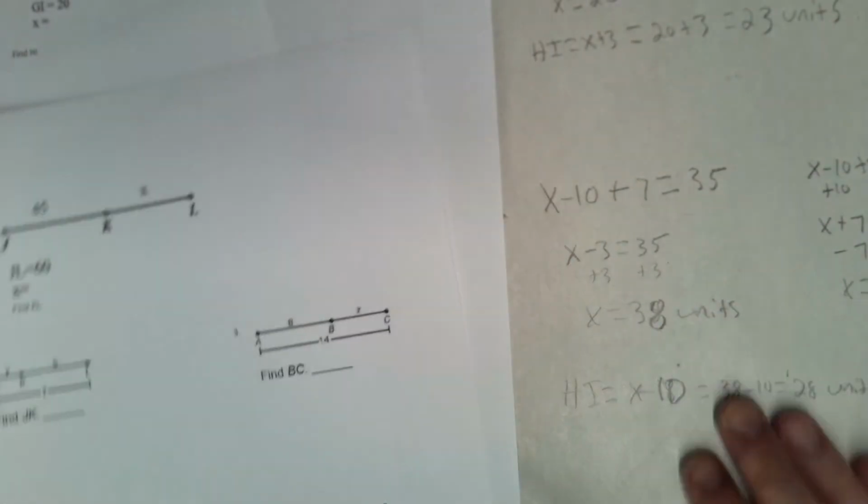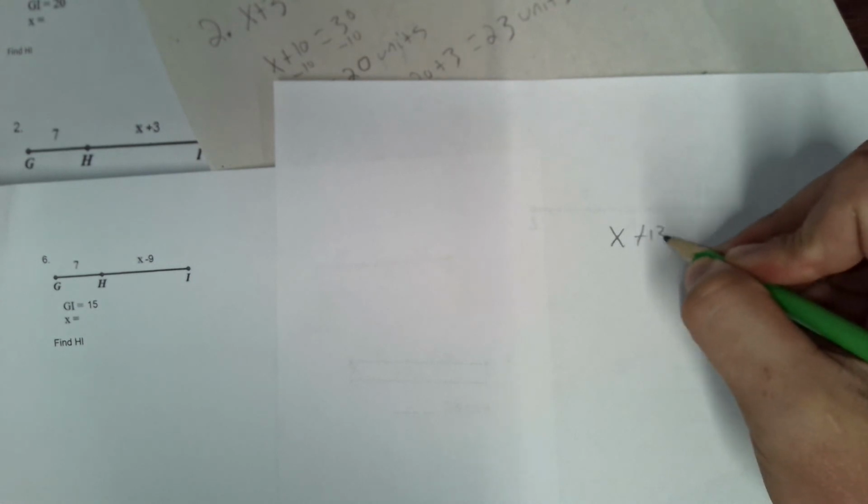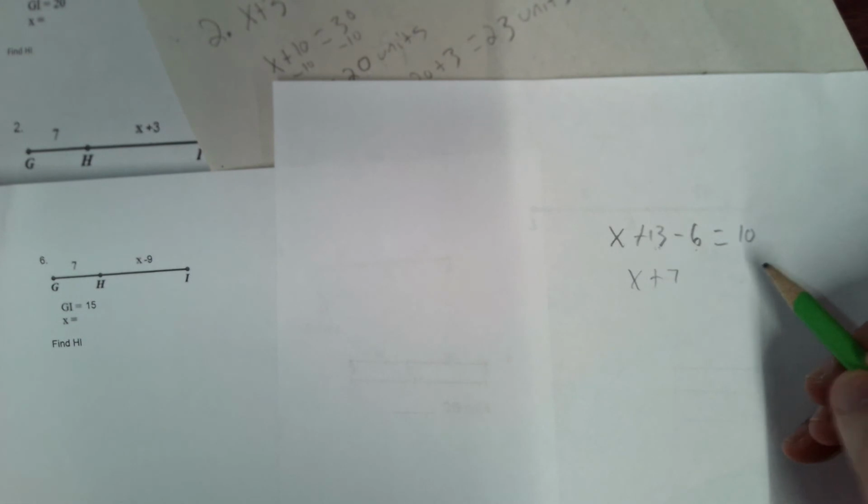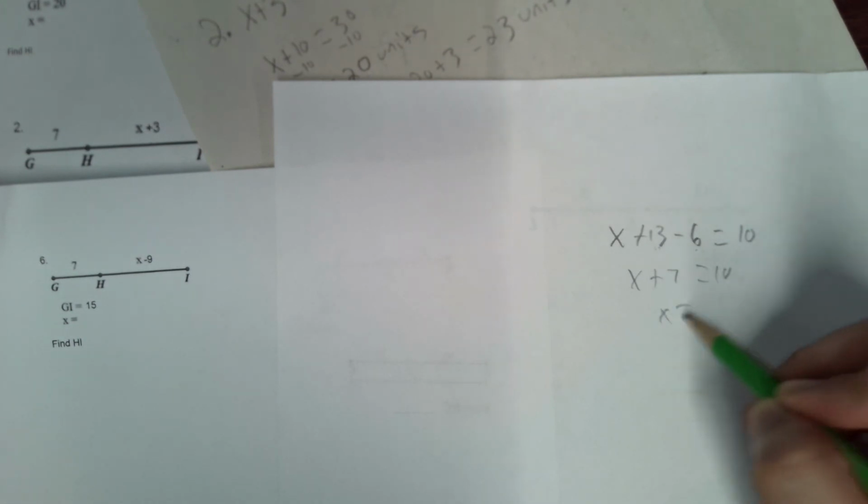So just remember that if I had x plus 13 minus 6 equals 10, right? Positive 13 and negative 6, positive's bigger here. So this is actually x plus 7 equals 10. Okay, so just be careful if you combine those negatives, just be careful.